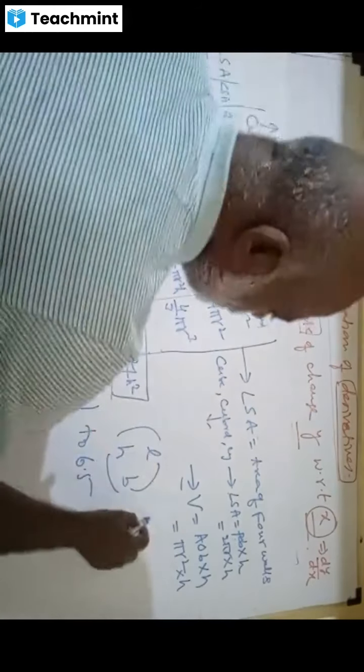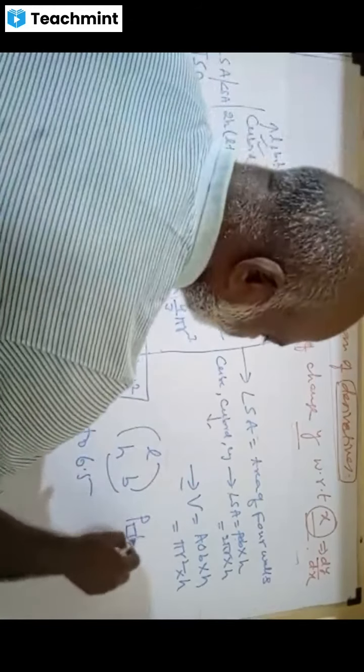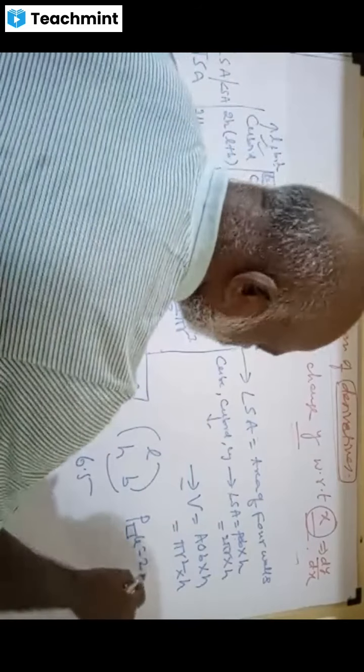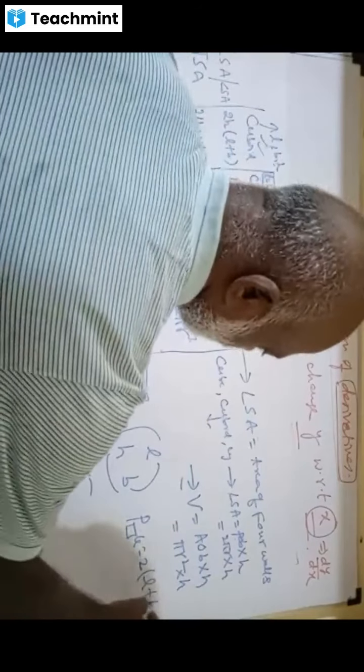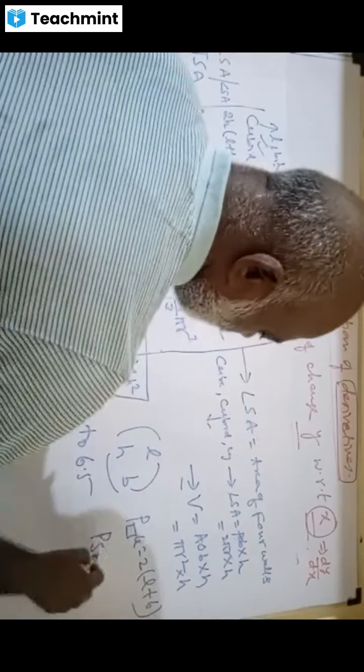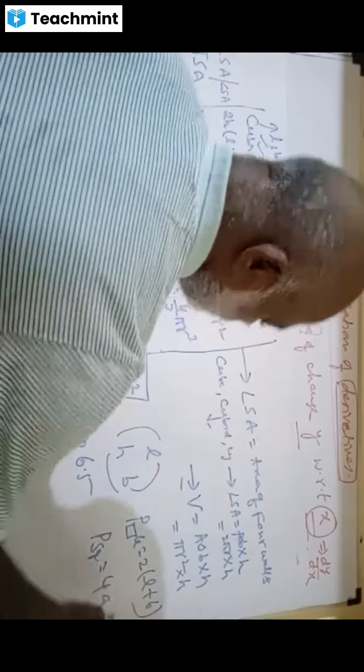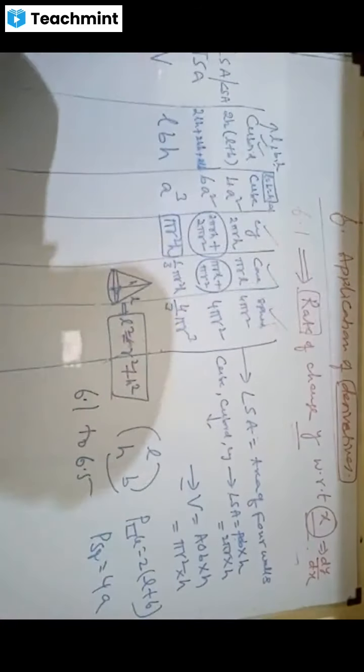Okay, what about the perimeter of a rectangle? What about the perimeter of a square? 4A. A stands for side of a square.